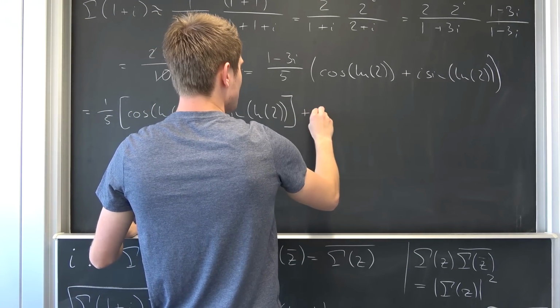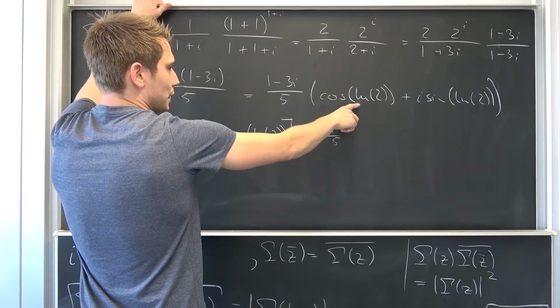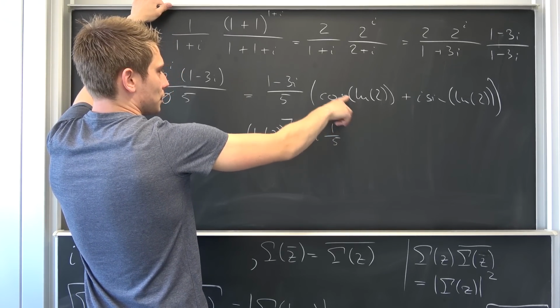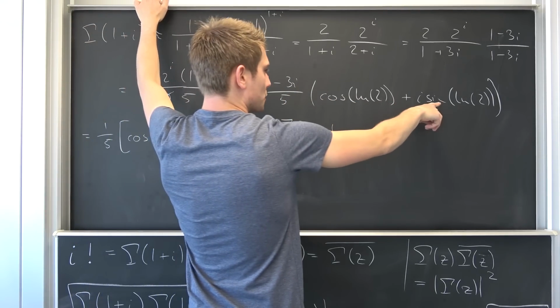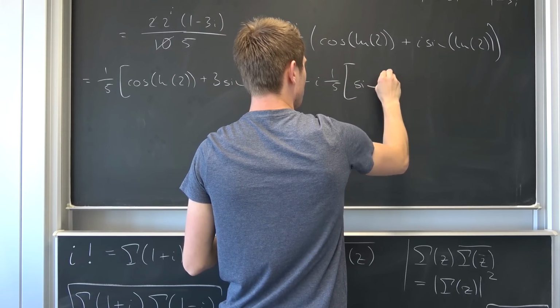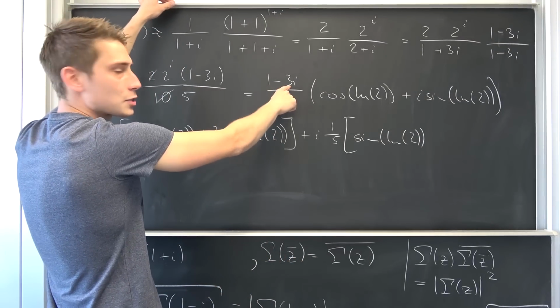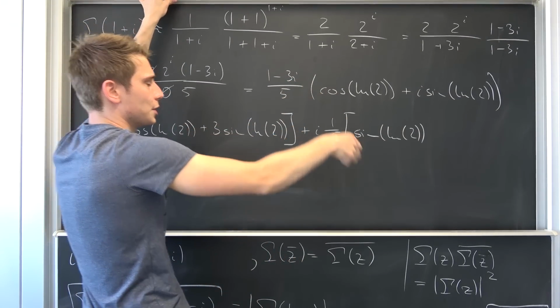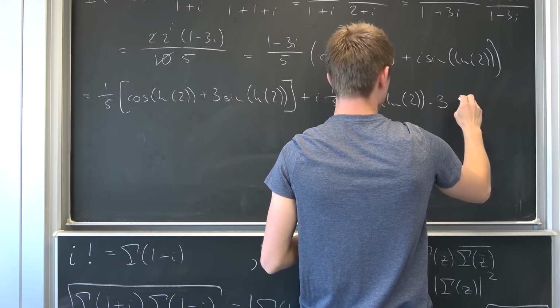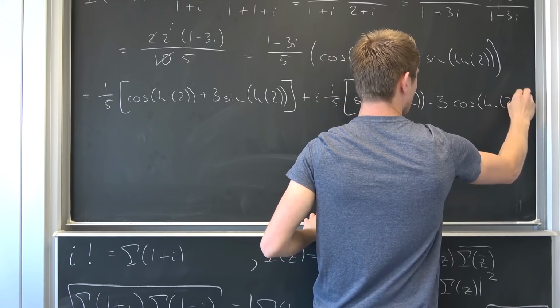And then plus i times 1/5 of, this is going to give us negative sign, so let's use this at first. So sine of natural log of 2. And then minus 3 times the cosine of natural log of 2.